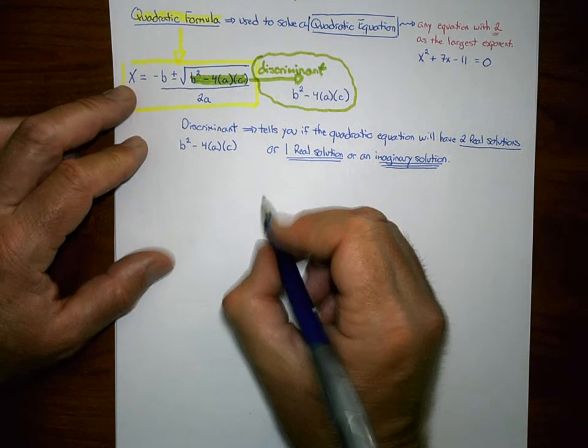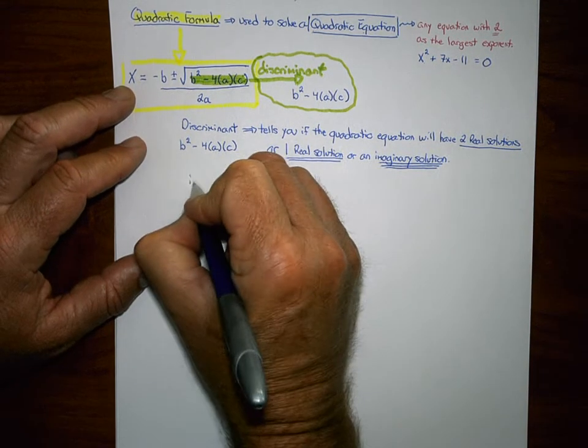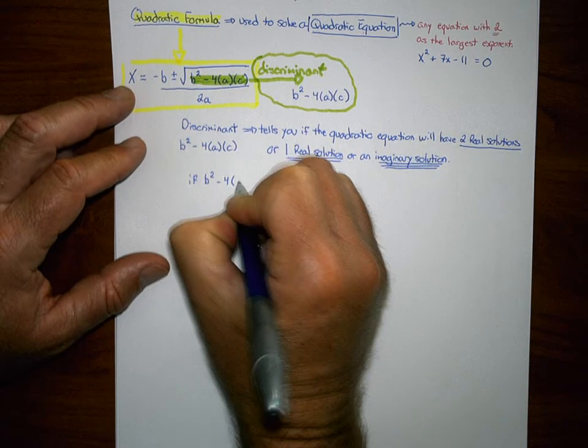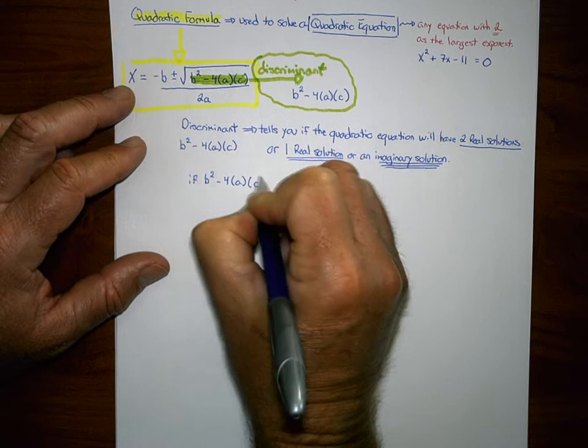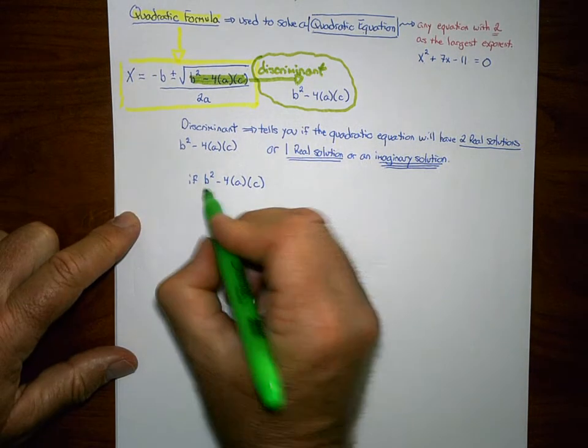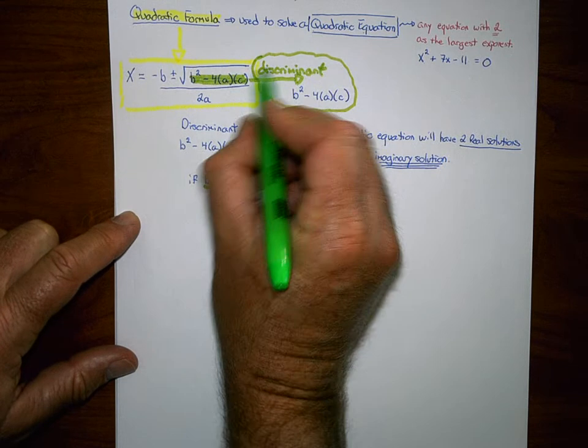Here is how. So if b squared minus 4 times a times c, now once again, what is that called? What is this part of the quadratic formula called? It is called the discriminant.